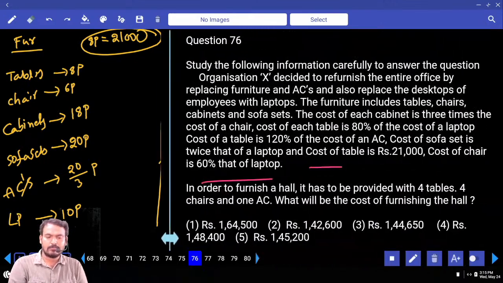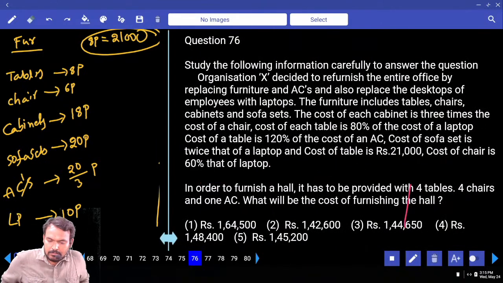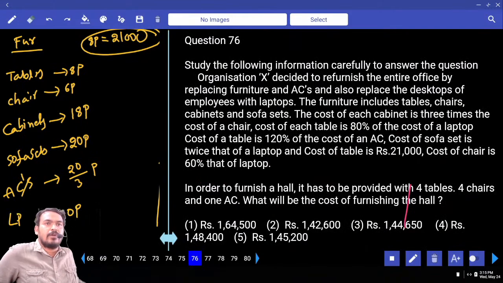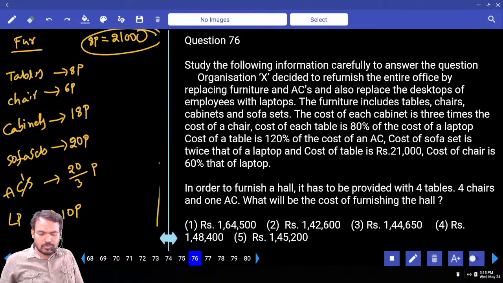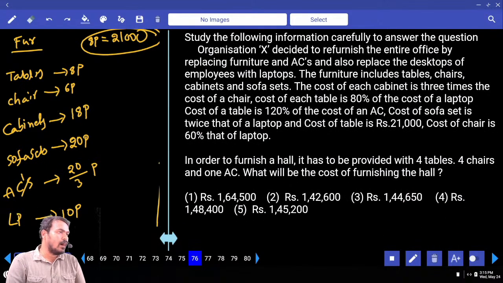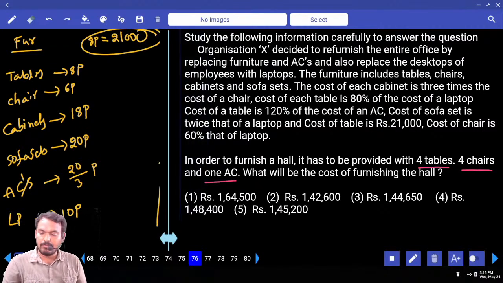What is the question here? In order to furnish it all, it has to be provided with 4 tables, 4 chairs and 1 AC. What will be the cost of furnishing?